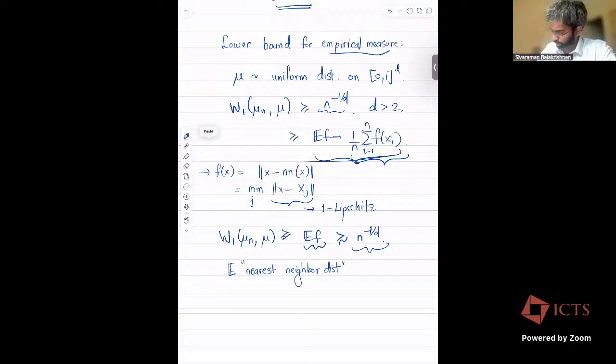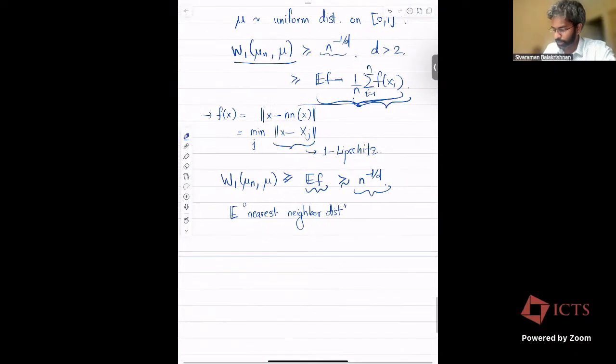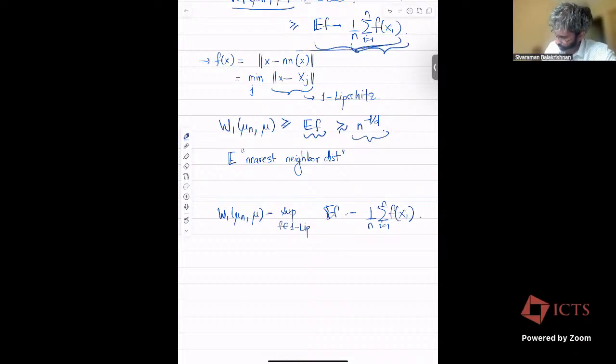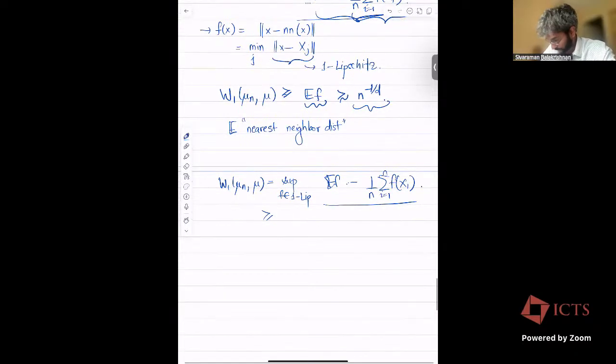So I'm saying W1(mu, mu_n) is exactly the supremum over all one-Lipschitz functions of this difference. So in particular, it is at least as big as this value for any one-Lipschitz function.